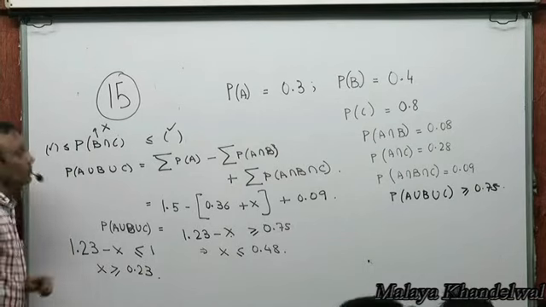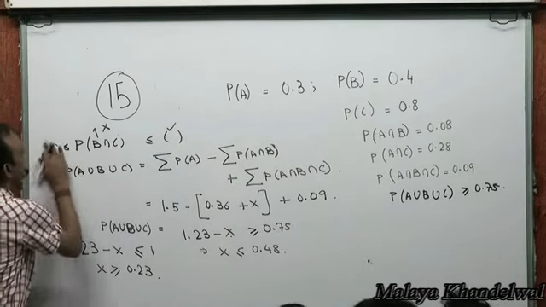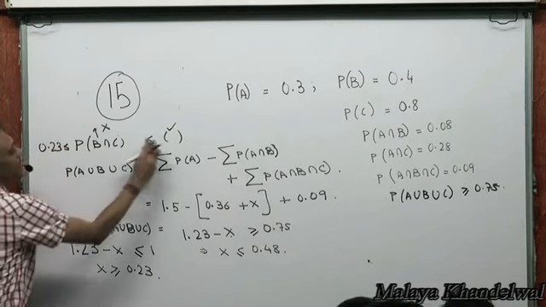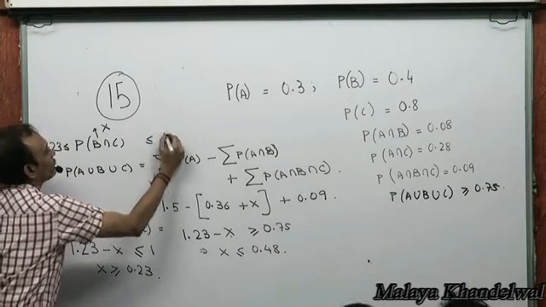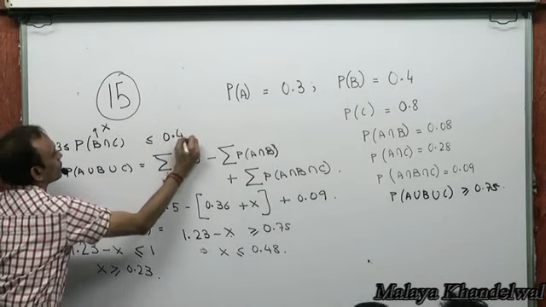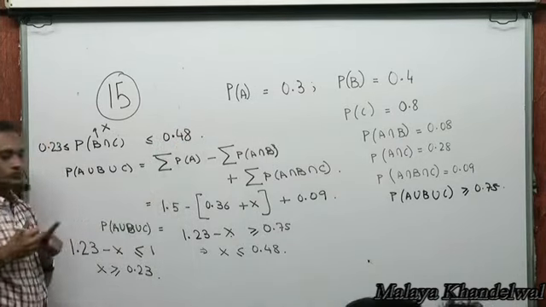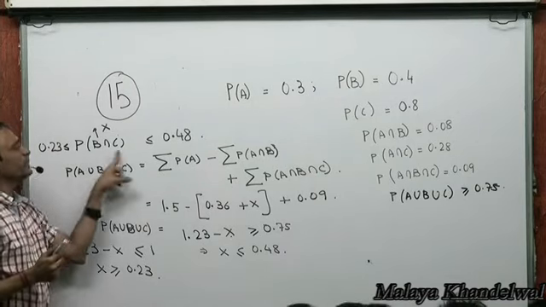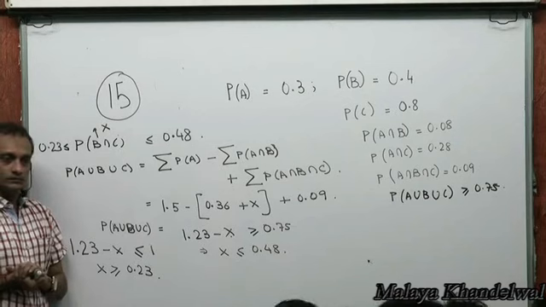So X is greater than or equal to 0.23 and less than or equal to 0.48. Yes or no? That must be the interval in which B intersection C must lie. Clear?